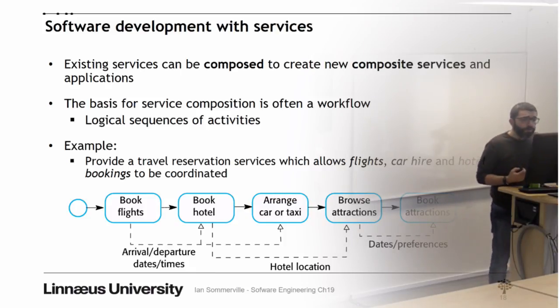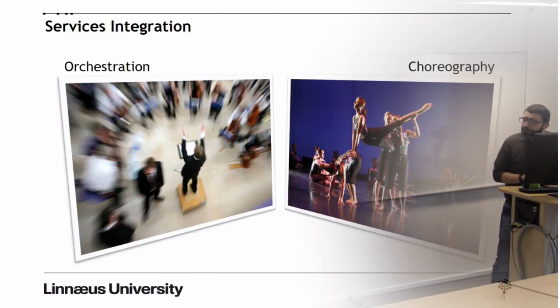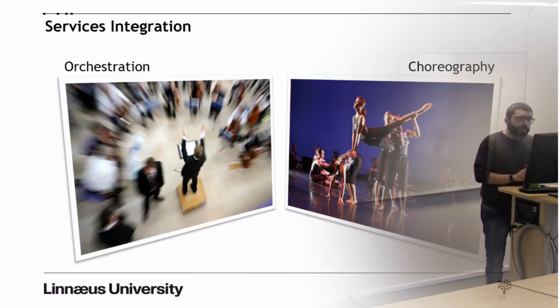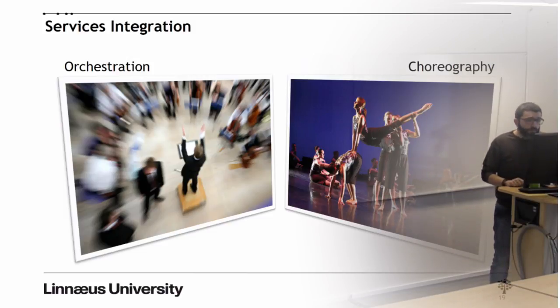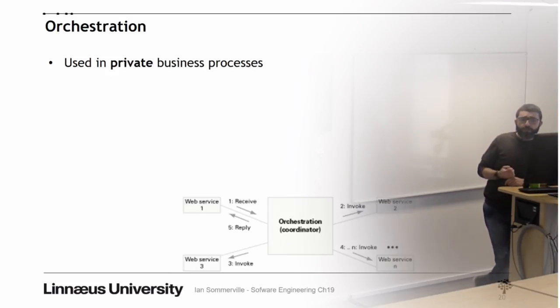So how can we integrate or compose these services? There are two main modalities, which we call orchestration and choreography. What's the difference between the two? As you can see, the orchestrator is usually used in the private business process.